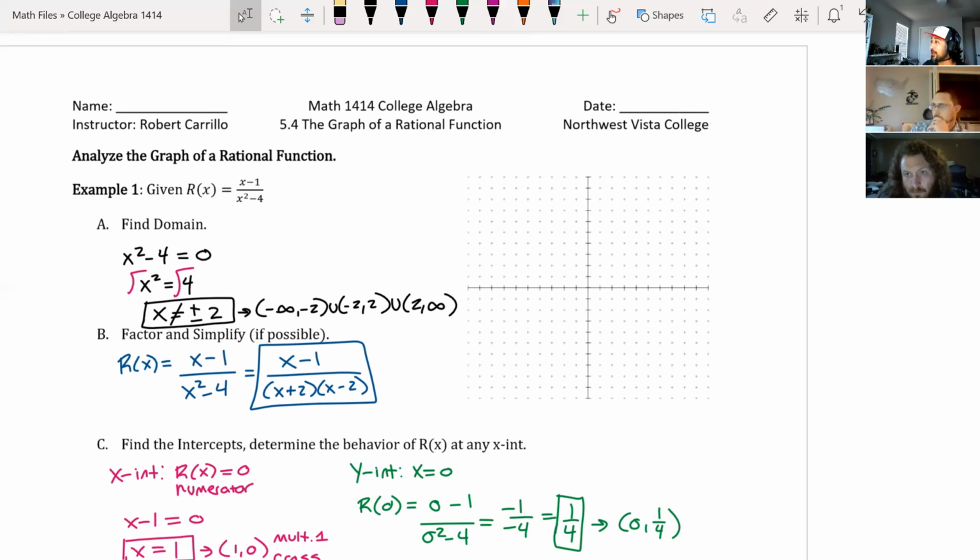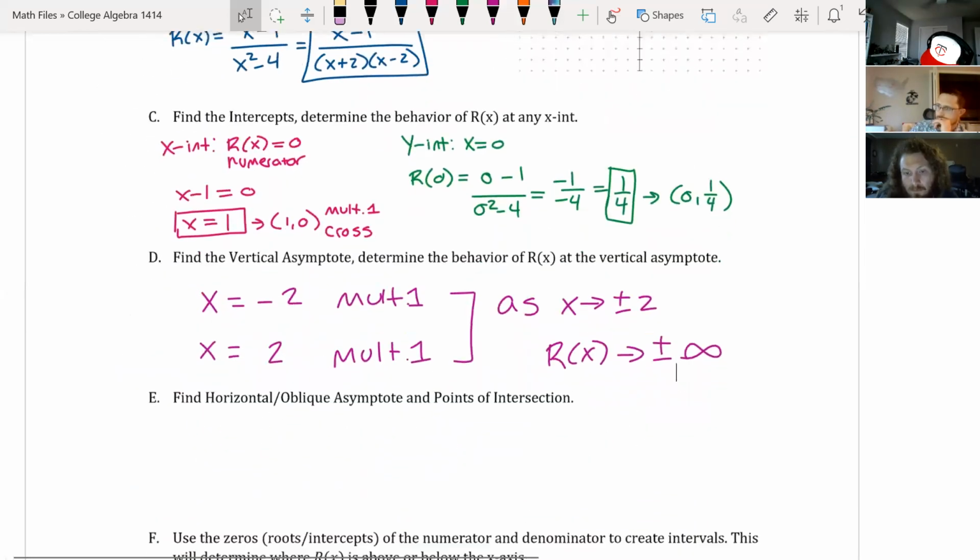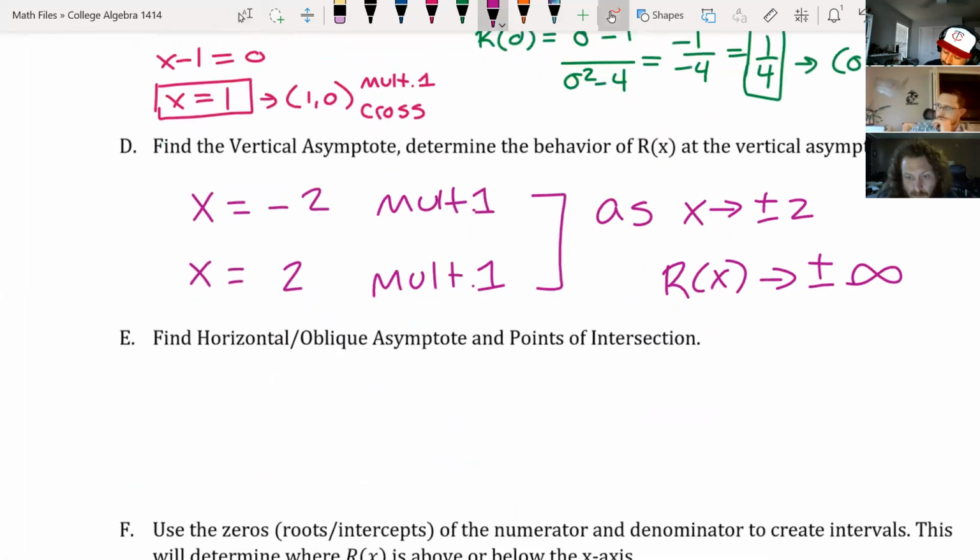This means we have a rule number... So degree of the numerator is 1. Degree of the denominator is 2. Numerator is less than denominator.